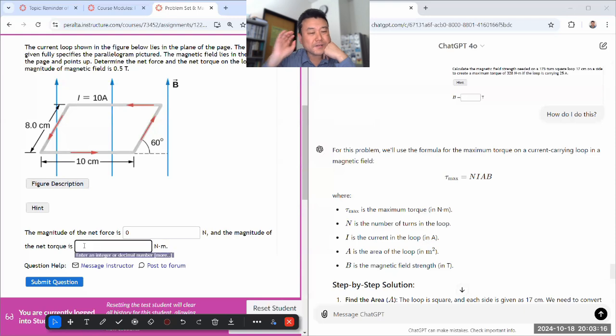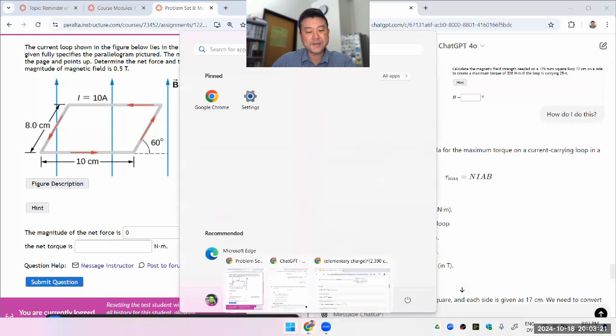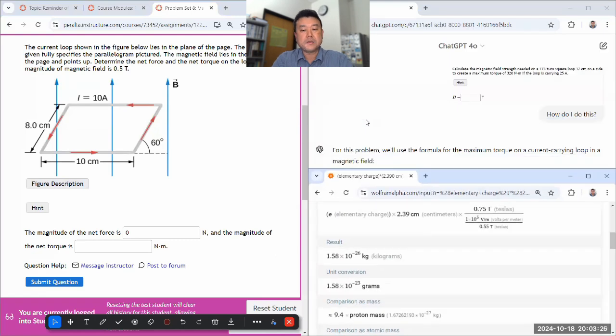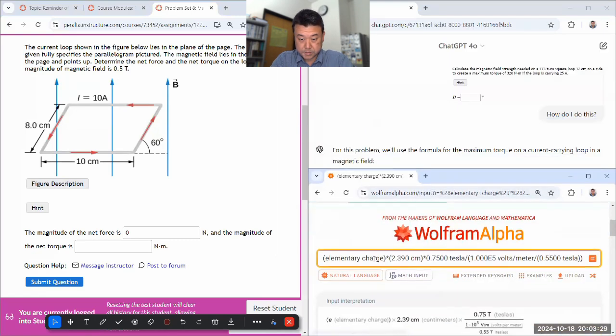And the magnitude of the net torque is, let me see if I can just do it in my head using that nifty formula. Current, 10 amperes, times the area. So it's going to be 10 centimeters times the height, which is the opposite side of 60 degrees, square root of 3 divided by 2 times 8 centimeters.